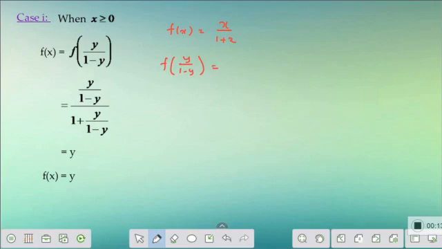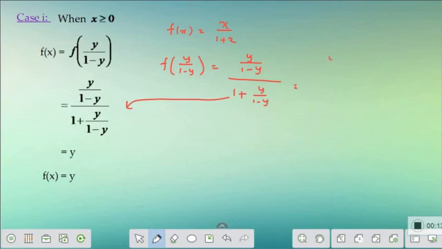When we have f of y by 1 minus y, the input is y by 1 minus y. So let's have the input as such in the numerator, that is, y by 1 minus y in the numerator. And in the denominator, I'll have 1 plus the input, so 1 plus y by 1 minus y. This is how we get this part, and then the remaining is all simplification.